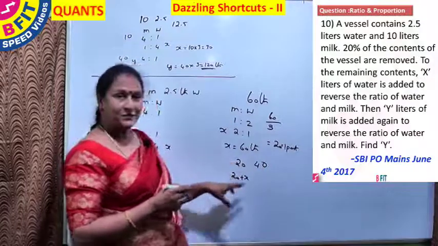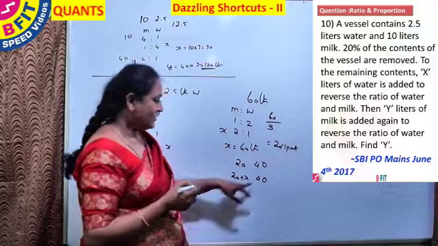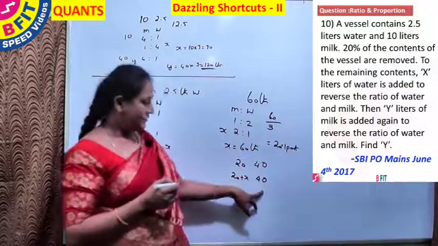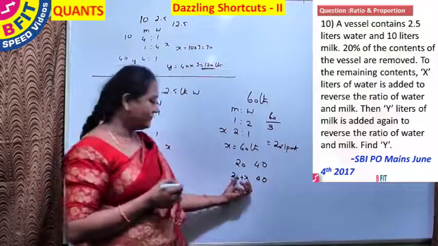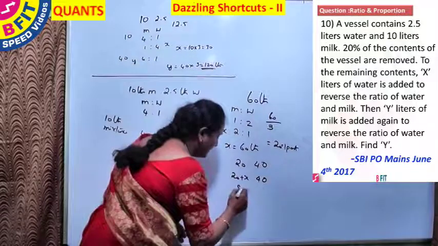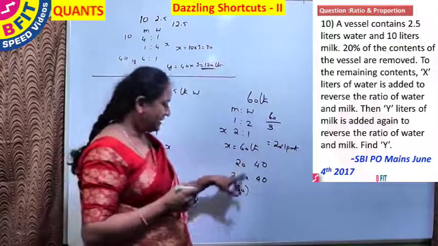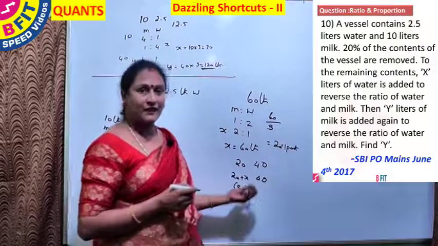We are adding milk alone where water remains the same. So this 40 which was 2 parts, now it should become 1 part. If this 40 is 1 part, what should be the value here to be double of 40? It should be 80. As you already have 20, 60 liters should be added to reverse the ratio, or to get double of 40, 80.